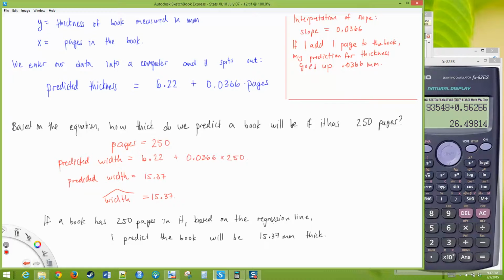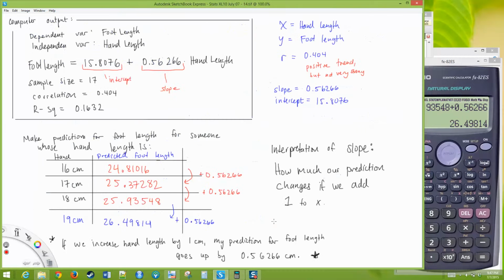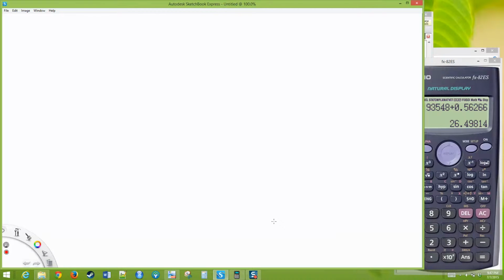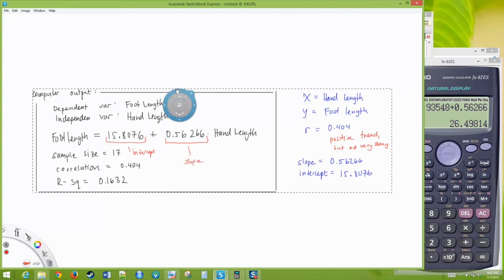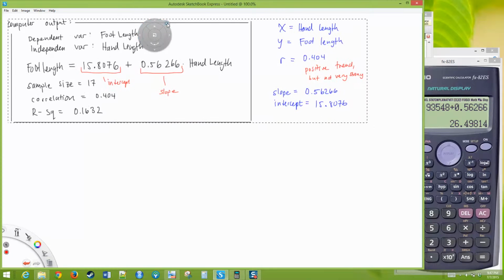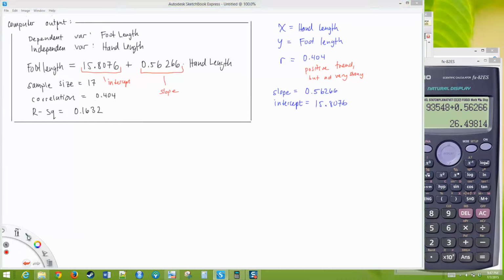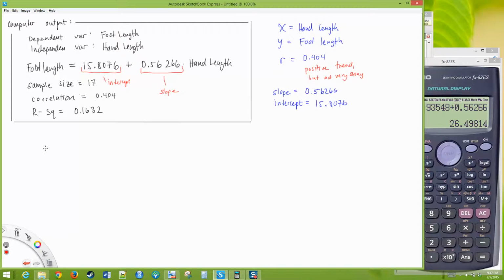All right, so we'll keep trying here. Let's talk about the intercept. Okay, so the intercept here is 15.8076.